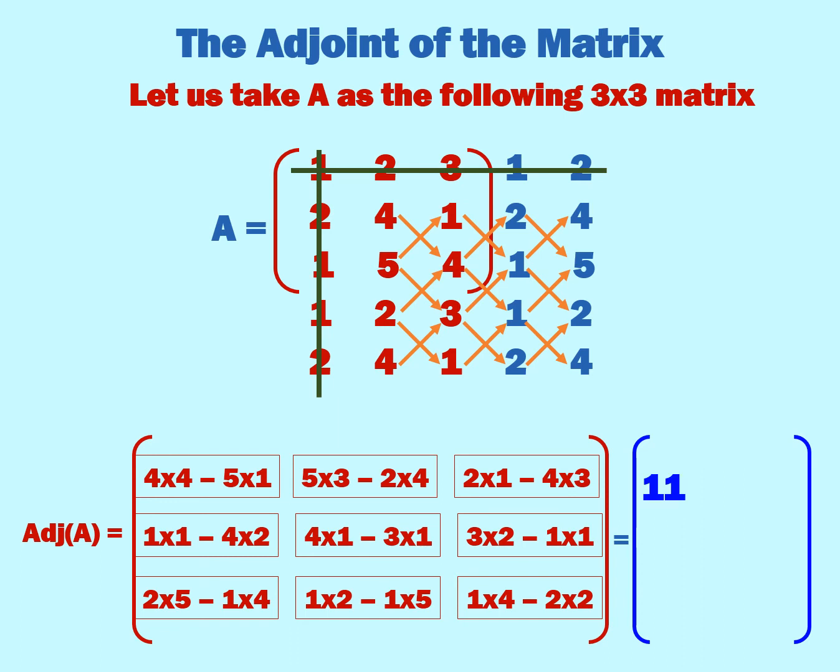The elements of the adjoint of matrix A are 11, 7, minus 10, then minus 7, 1, minus 5, 6, minus 3.